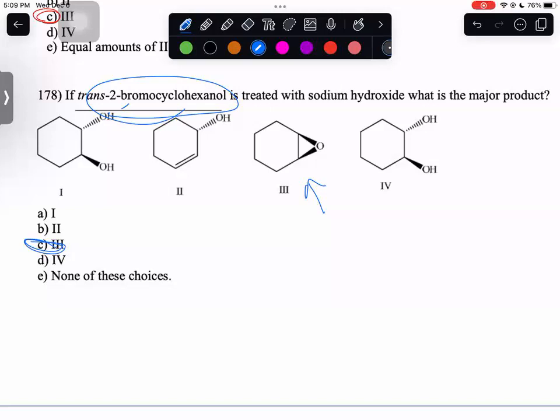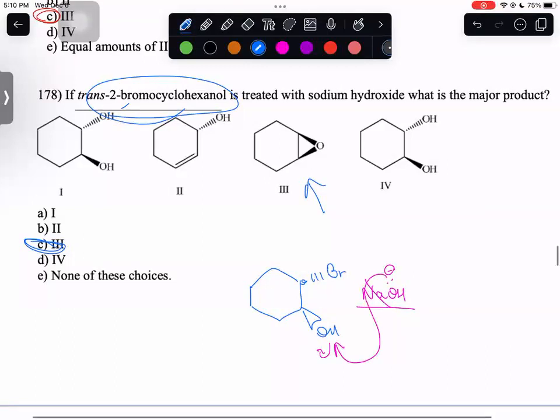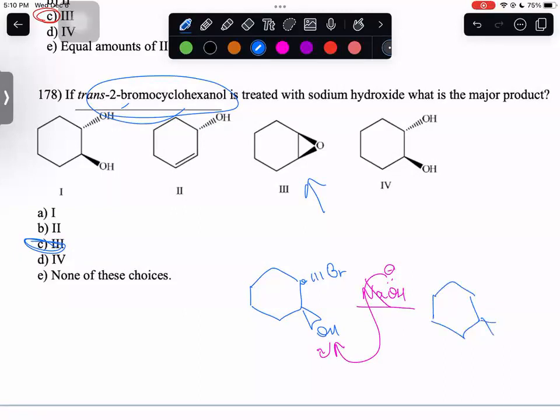Wait, but then the sodium hydroxide, how does that work? Would it also be likely that sodium hydroxide removes the bromine? In a way, yes.